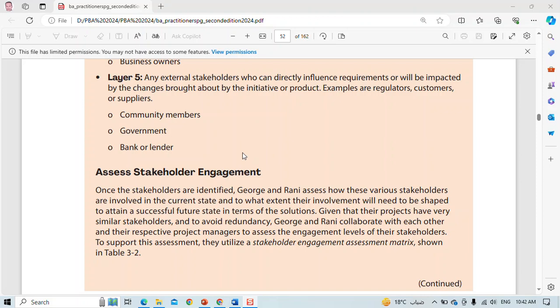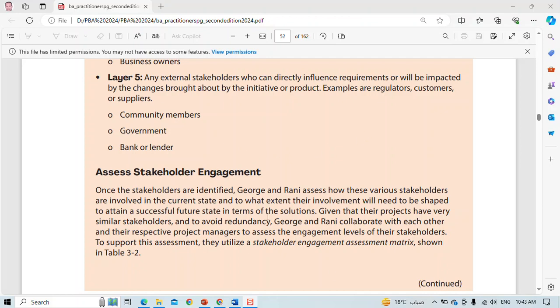As we said in the previous step, George is the lead business analyst in one project, and Rani is the lead business analyst on the next project. But there are repetitive or similar stakeholders between the two projects. So George and Rani must collaborate to remove redundancy when identifying and assessing stakeholders.